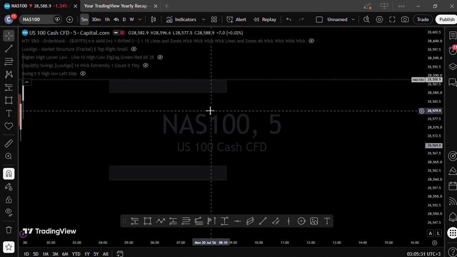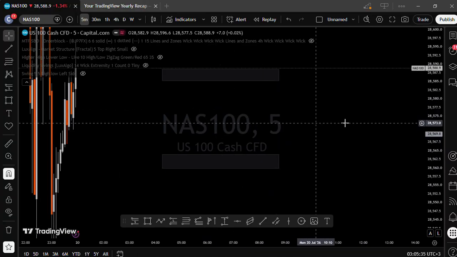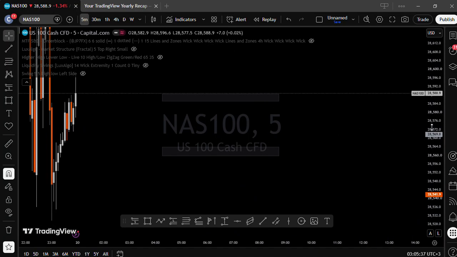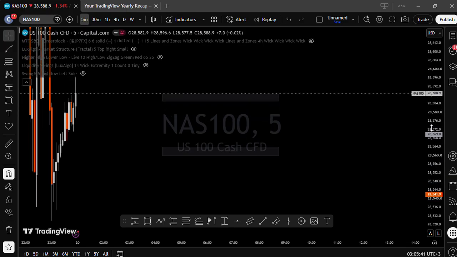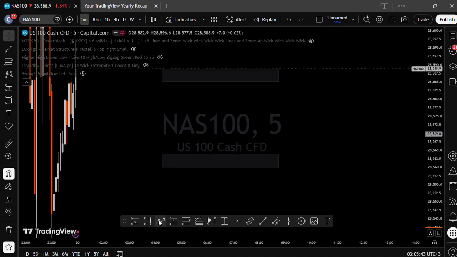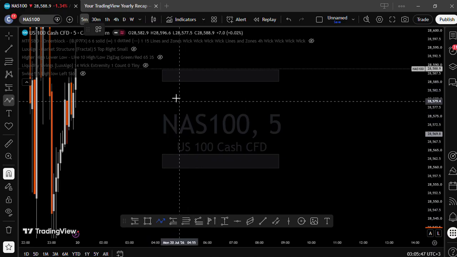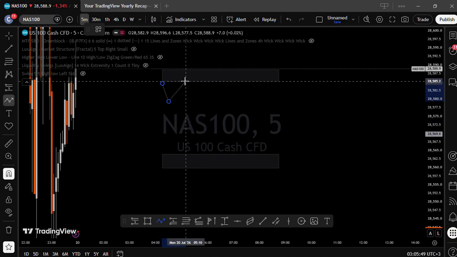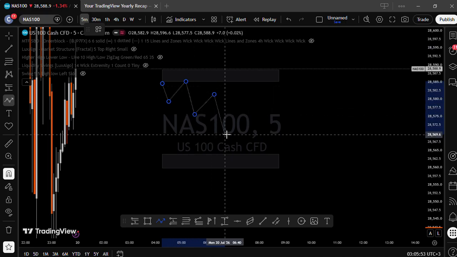One of the most important things to consider in supply and demand is the trend. We want to see where our market is, how it is trending. Are we in a bearish trend, or are we in a bullish trend? That really matters a lot.